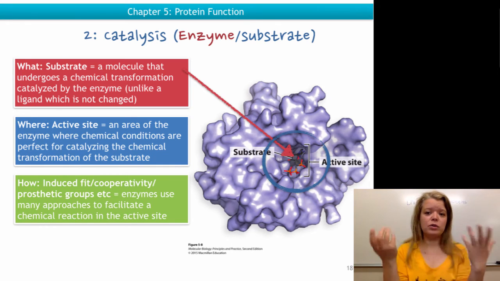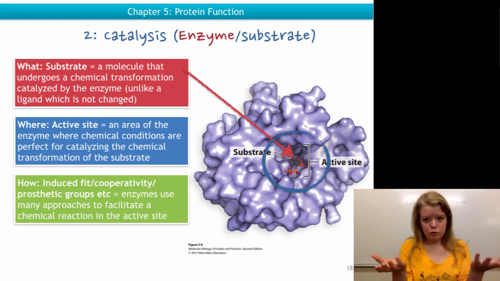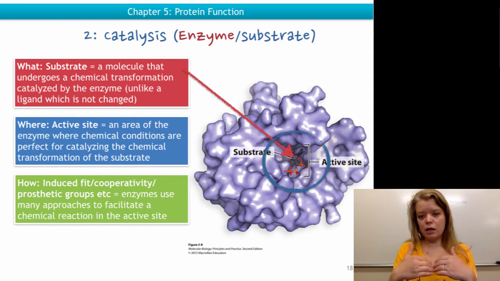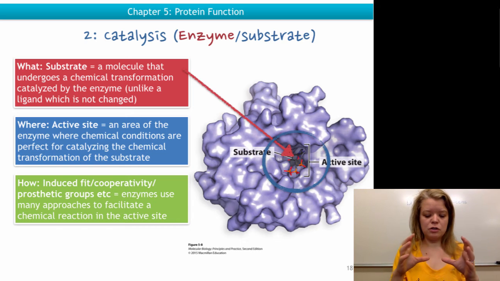And how do enzymes accomplish this? Well, first of all, by providing an active site that stabilizes the transitional state of the substrate to product.